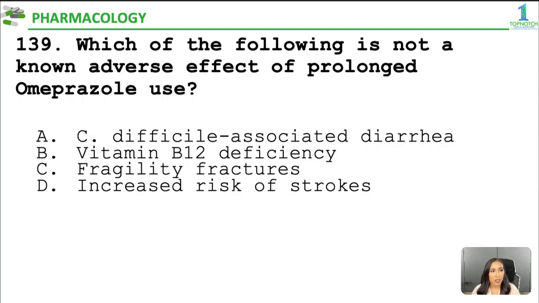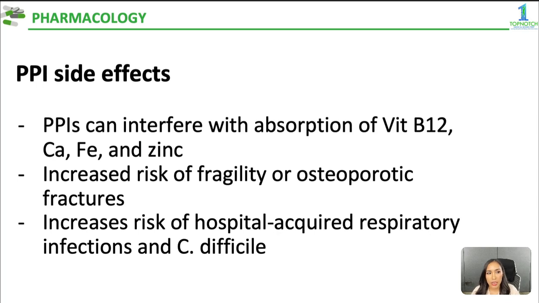Okay? 139. Which of the following is not a known adverse effect of prolonged omeprazole use? And the answer is D, increased risk of strokes. So, it's known that it causes diarrhea associated with C. difficile. It causes vitamin B12 deficiency and fractures, pero wala siyang association with stroke. Let's talk about PPIs.